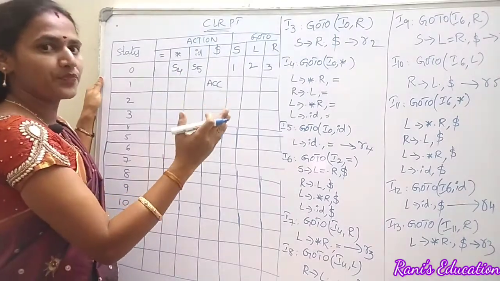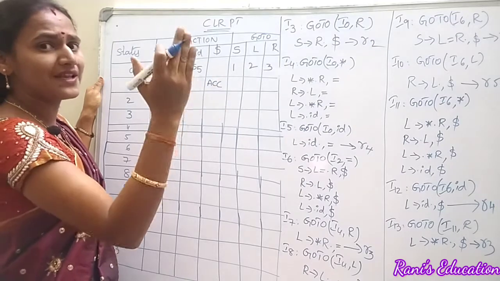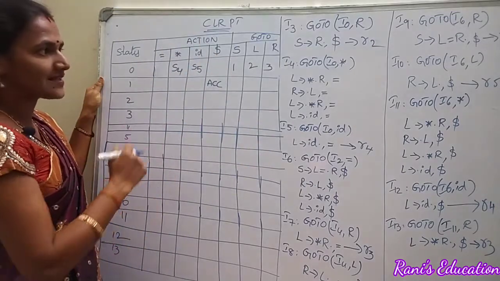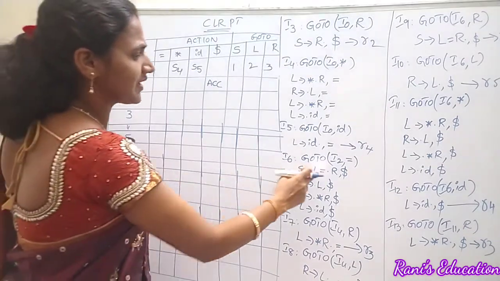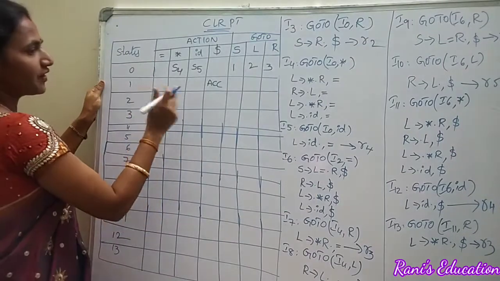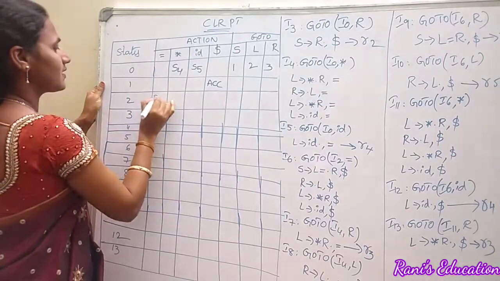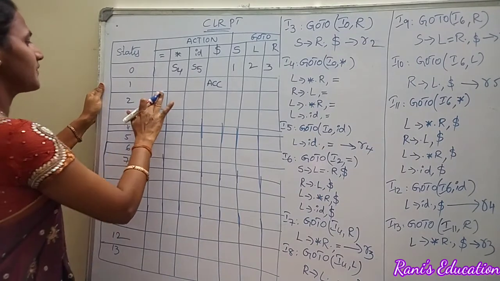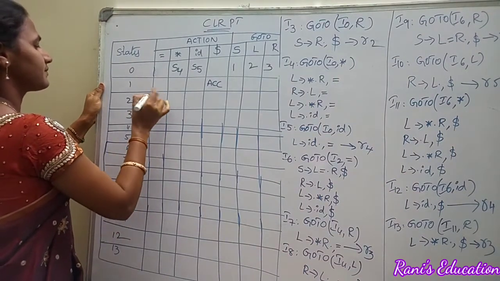So you need to check where dot equal is shifted to equal dot with the look ahead dollar. In which item can we see that? In I6, right? So for equal you are going to write S6.